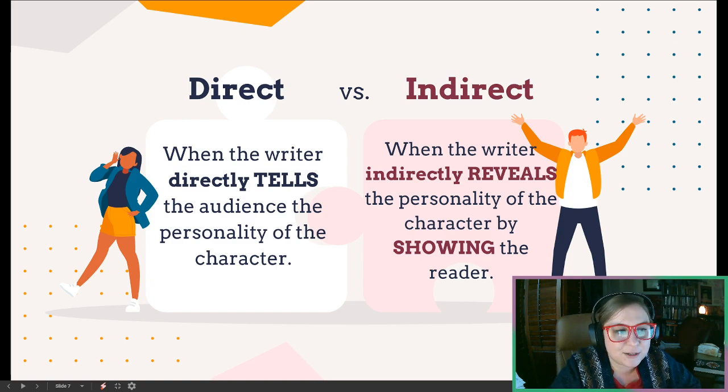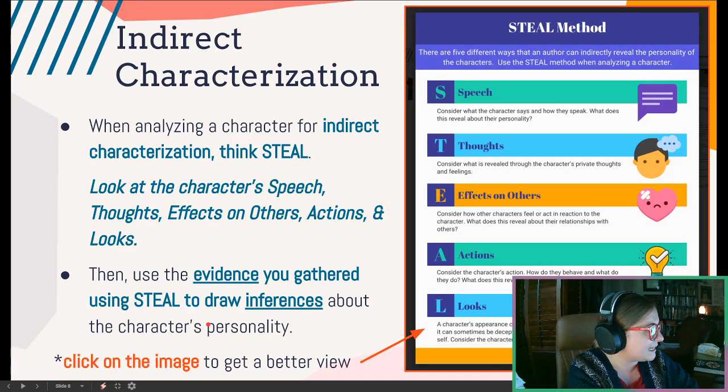They are telling us about their personality, what they feel or what they think. Whereas with indirect characterization, the writer is using more creative language to reveal what the character is about. They're showing us the character as they make decisions, as they talk to people, as they're feeling feelings. And that's the difference between them.